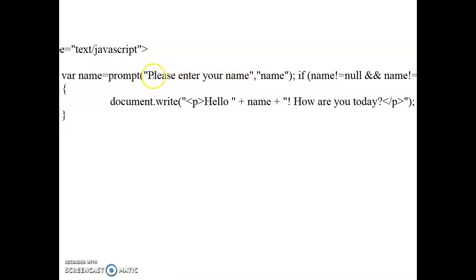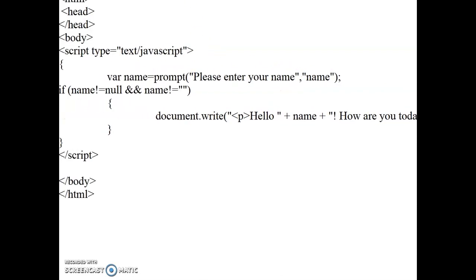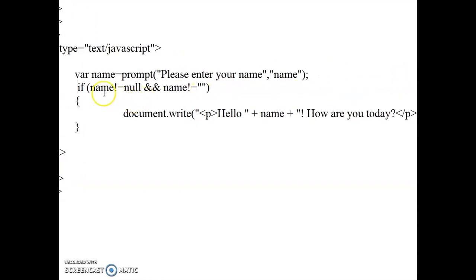Okay, this is the string that we want to display in the prompt box. And name, there is an option to write a name, and I already said if we enter data, then it will return a value.